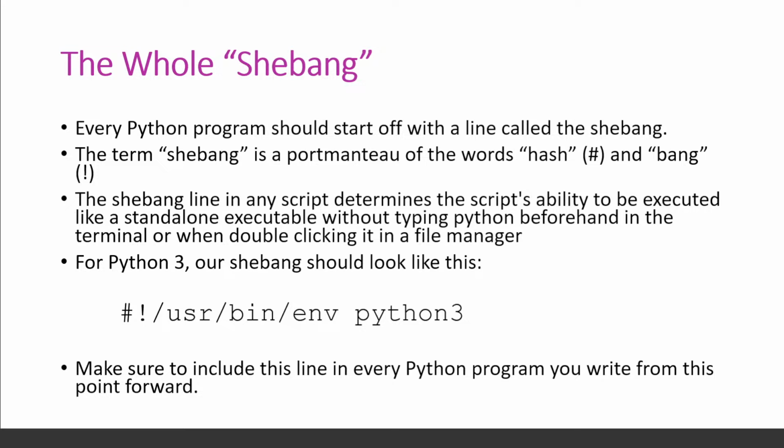So if I double click a .py file, then it will just run, because it'll know that it should be run in the Python 3 environment or the Python environment. So it's just a good best practice, a simple thing that we can include in our program that's going to make it a little more flexible, a little more modular, easier for other people to use. And so it's this line that we have here in the different font.